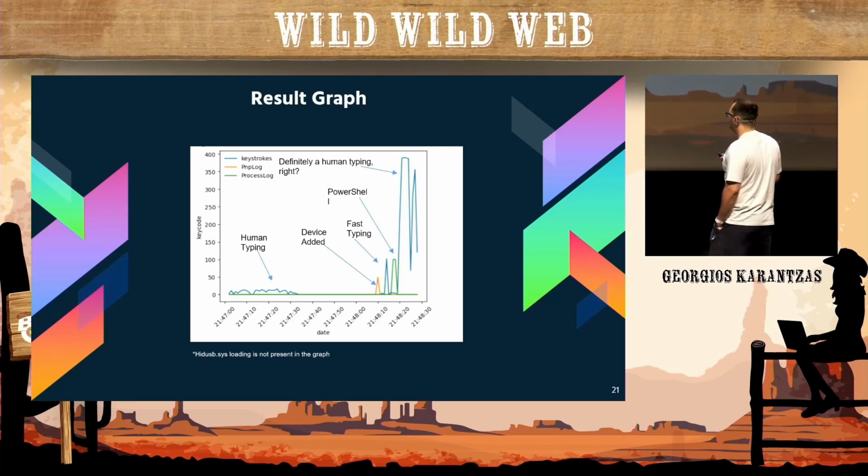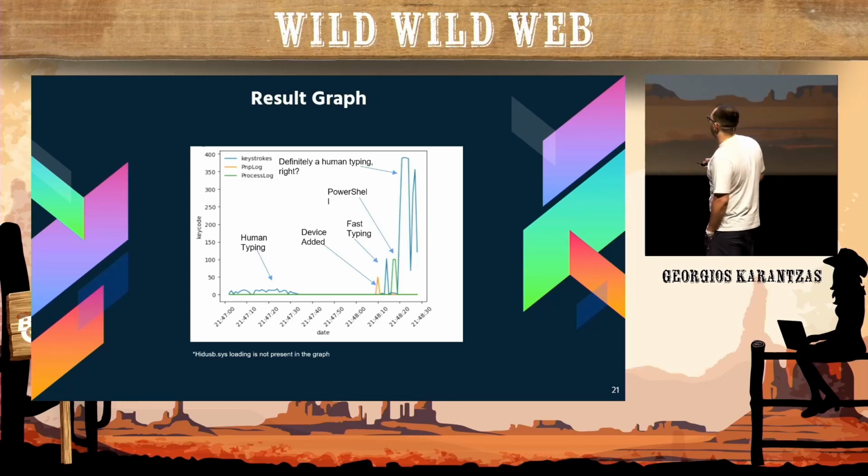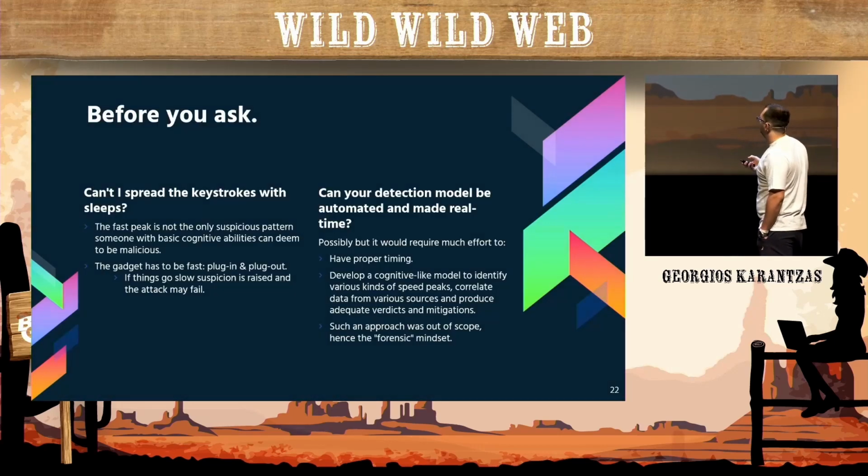This peak means that the device was added. Here you will see suddenly a peak, some fast typing. Then you will see some PowerShell activity. That PowerShell was launched after the fast typing, and this is definitely not a human typing in PowerShell, right? So everyone can understand where this is going.